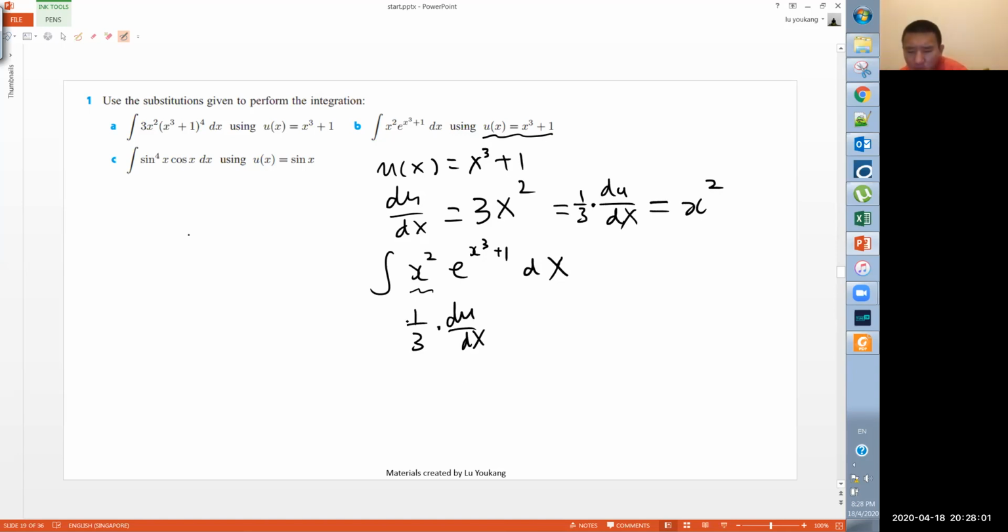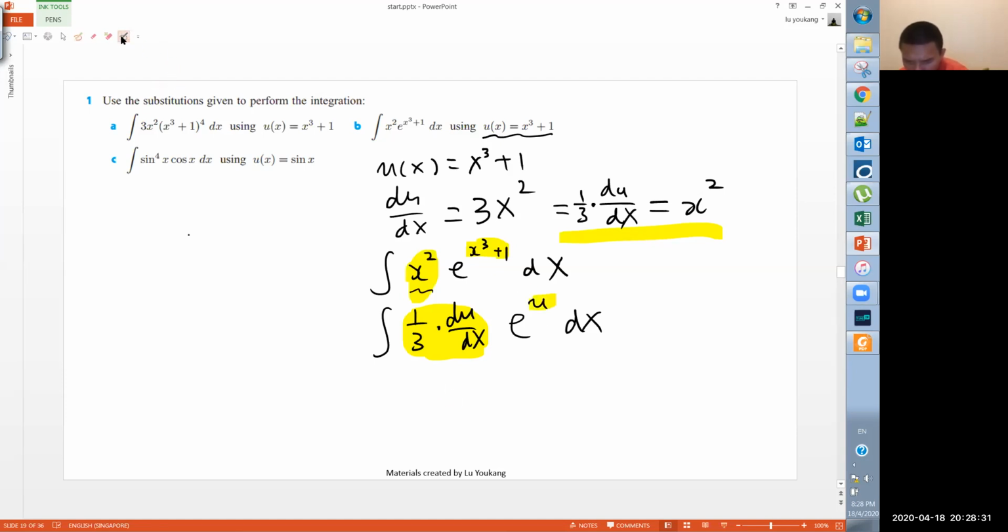So x to the power of 3 plus 1 is replaced by u. So just copy the rest. Which means your x squared is replaced by this, and your x to the power of 3 plus 1 is given by u, right?